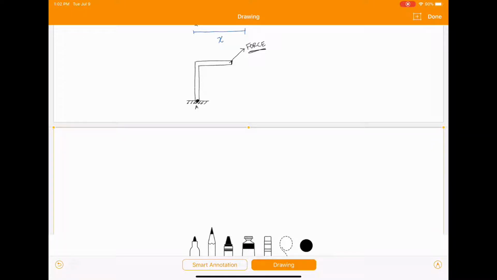So, what we're going to do is similar to what we did on the last problem. I'm just going to draw a free body diagram of what's going on. When you draw your free body diagram and you're going from here to here, the lines you're drawing down here represent the center of gravity of whatever's up here.